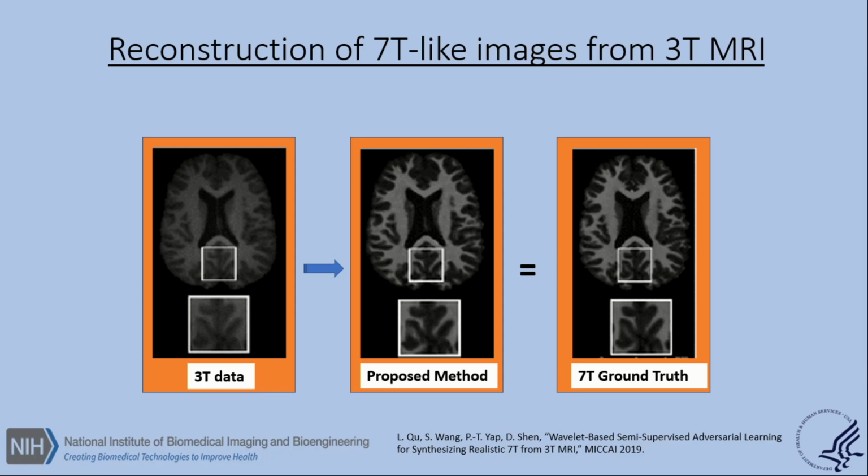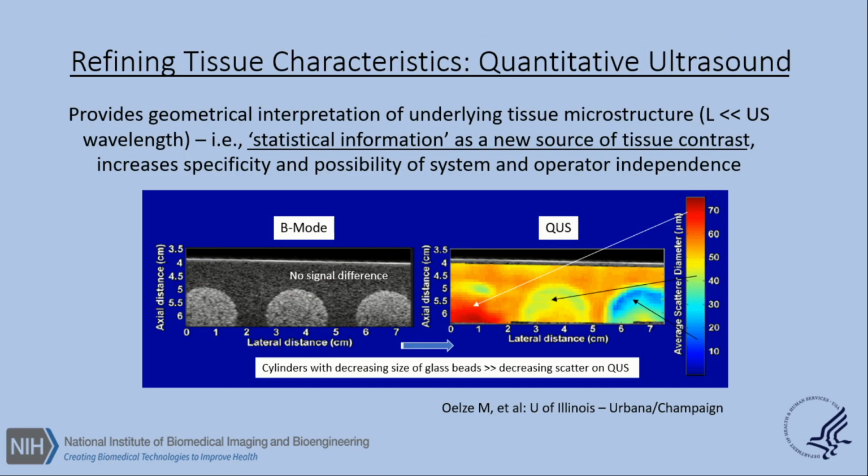But that's not the point. The point is that we can use the 7T scanners to perhaps tell what they would look like on a 10T scanner. And so you don't have to always deposit the same amount of energy, I mean physical energy, into creating an image. You can save yourself pain and risk by using artificial intelligence.